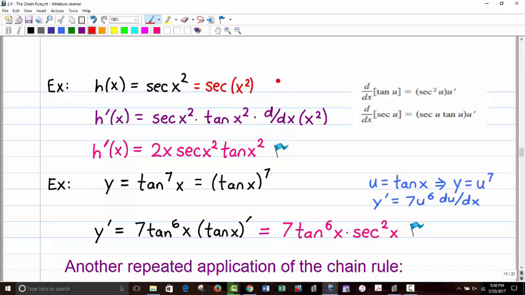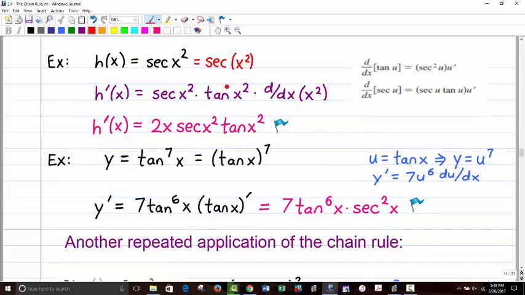It'd be sec x squared tan x squared times the derivative of x squared, which I moved over to the front. Derivative of x squared is 2x. I'll put it in front. So it'd be 2x sec x squared tan x squared. I guess I could have put parentheses around the x squareds just to clarify.